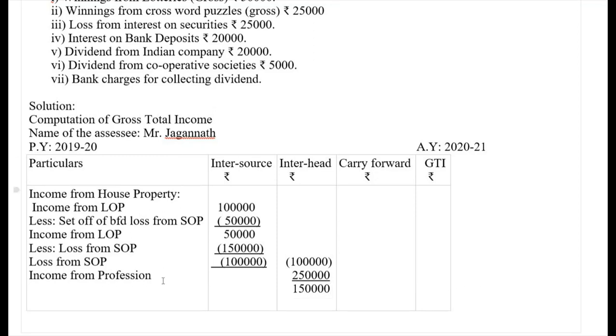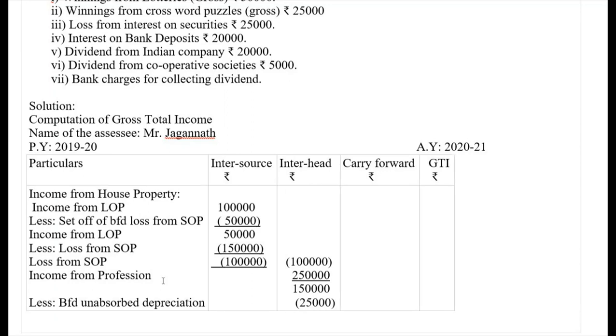Against this we shall adjust less brought forward unabsorbed depreciation of rupees 25,000. So 25,000 here. Now let's underline this. The difference here is rupees 1,25,000.